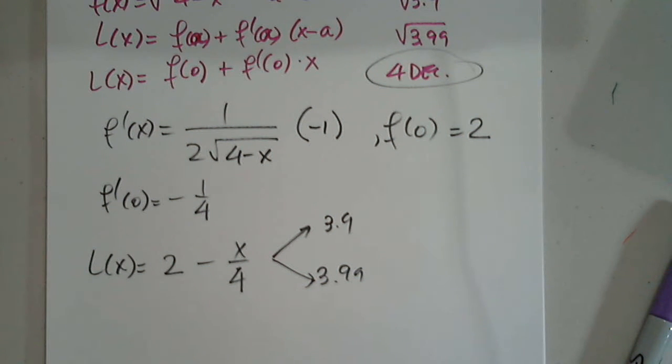So I'm sharing my screen, and now I'm here, in y equals. Clear, and what do I have? I have 2 minus 0.25x. Then I plug it in, and I get 3.9, and then 3.99.